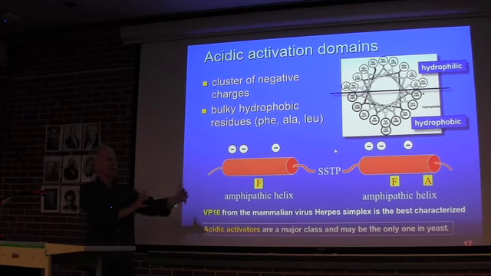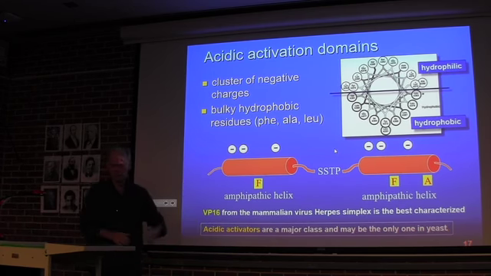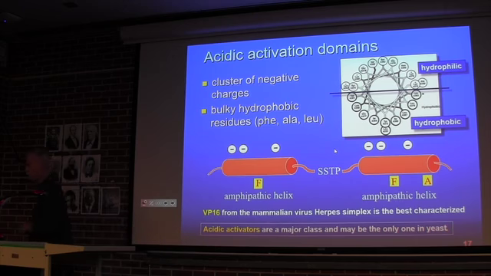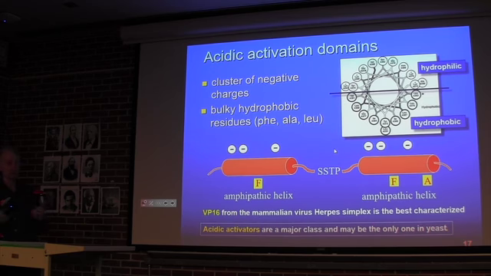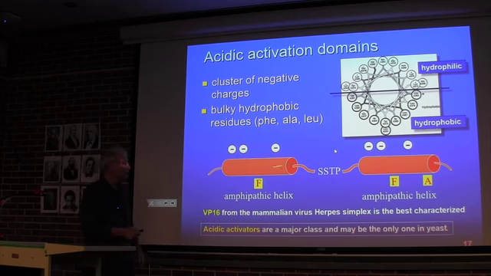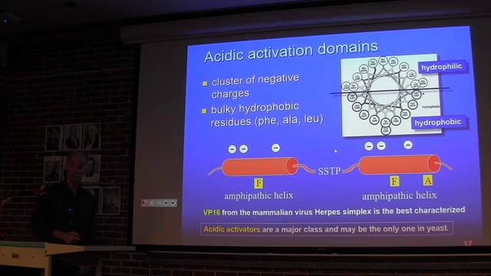But the other stretches of protein sequence that perform this role in other transactivators, how they attract, or how the basis of their recruitment or affinity is much less understood. So this is kind of the workhorse way that you build an activator domain.